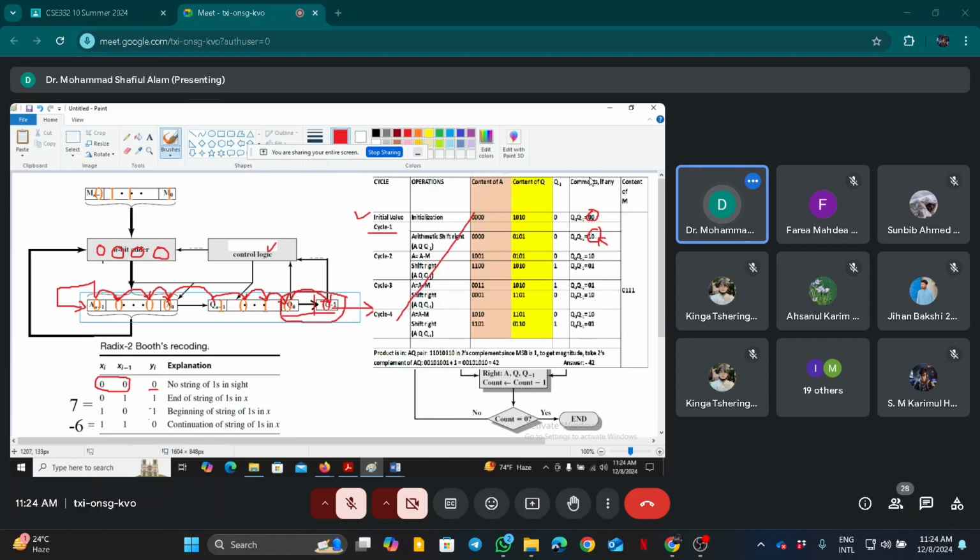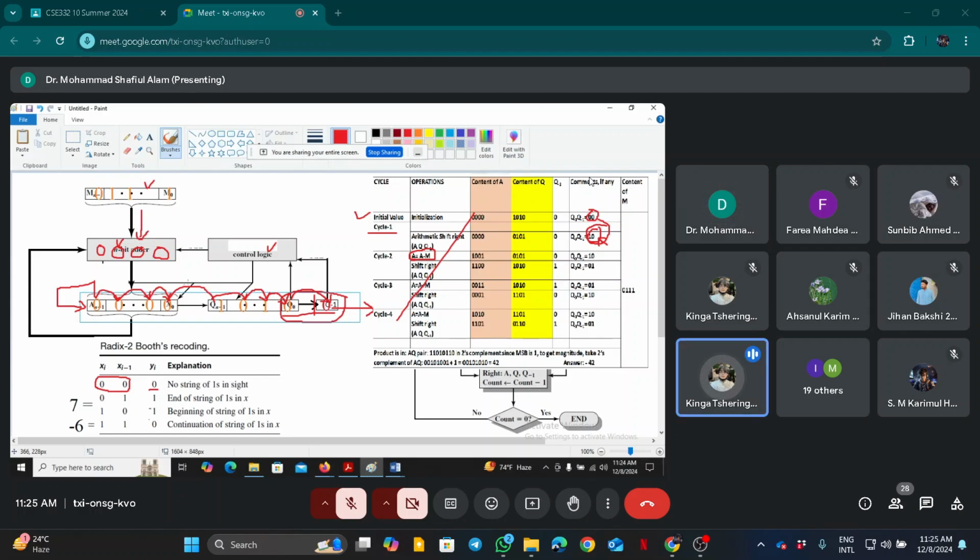Based on these two control bits, it is decided. You see this one, subtraction: A minus M. A means the current content of this register, M means the multiplicand.